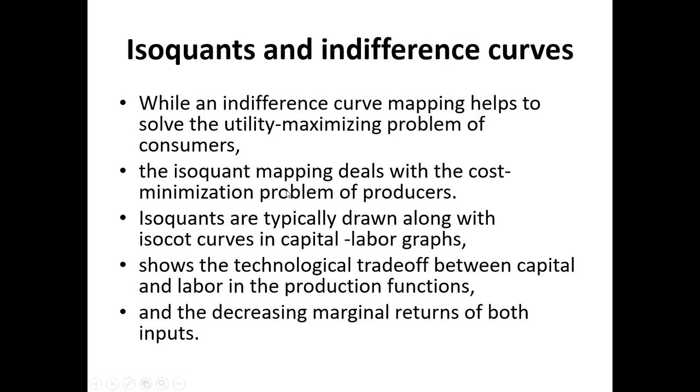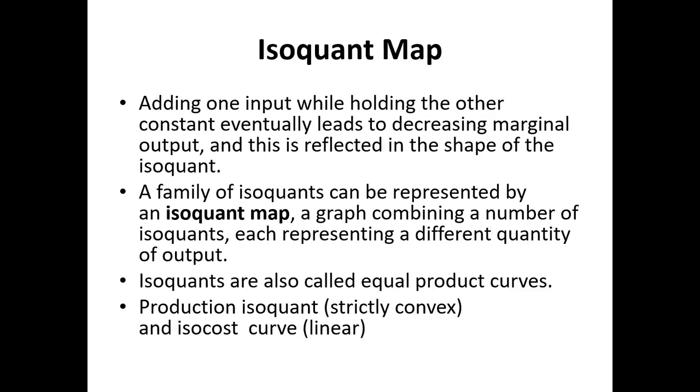They are drawn along what are called isocosts. So the isoquant and isocosts all show a trade-off between two important variables, labor and capital, good X and good Y. And also they depict what are called diminishing marginal returns. Diminishing marginal returns.